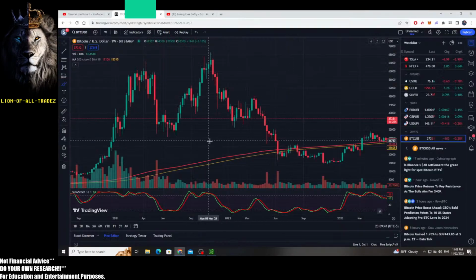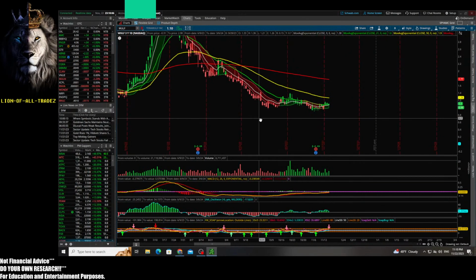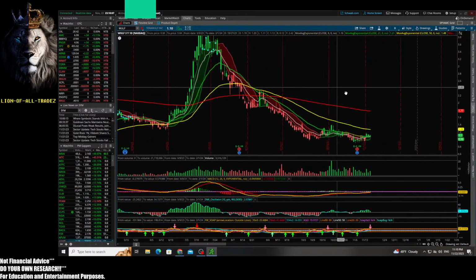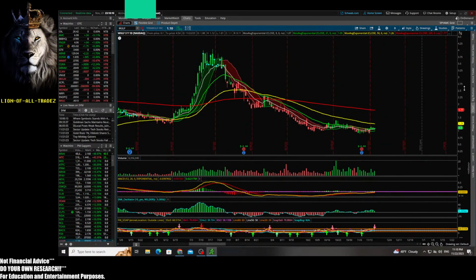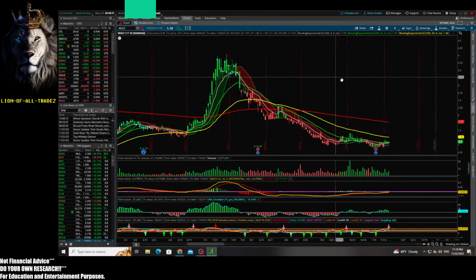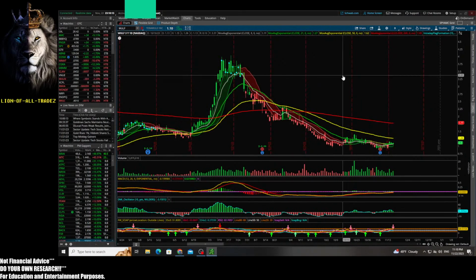What's the difference between Wolf and the other miners, let's say Mara or Riot? And of course, it's at a heck of a good price, I might say at $1.10. And you're telling me it was that profitable when Bitcoin was at 54K? That's something that I would look into. NFA.